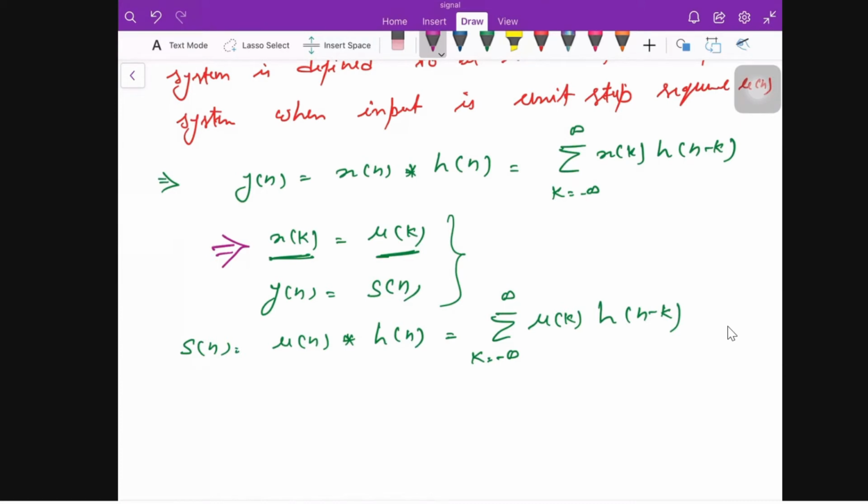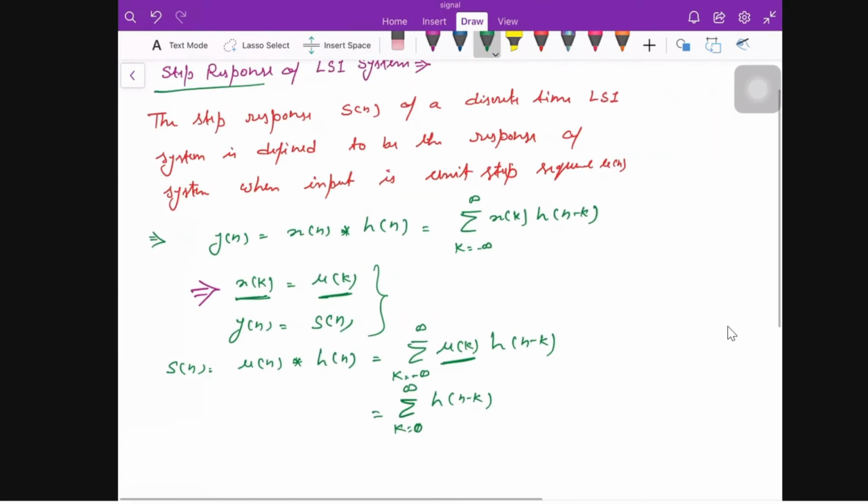Now, to solve further, since this is uk, the limit of k will start from 0. This is understood because you are multiplying with the unit step, so it is right sided, and only hn minus k will be available over here.